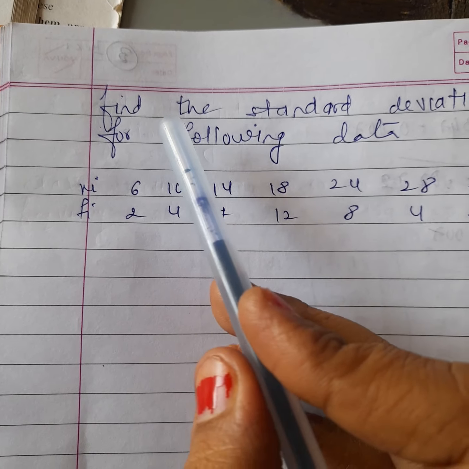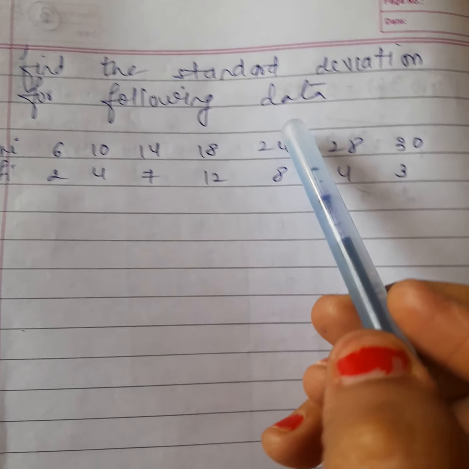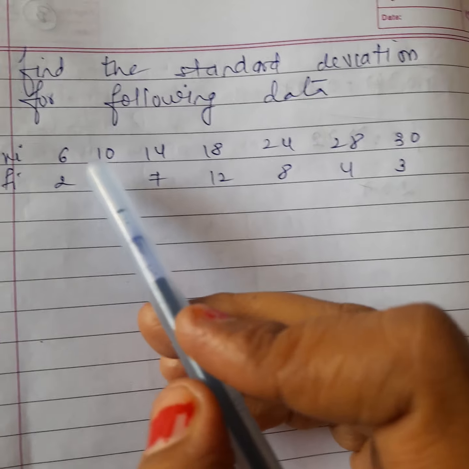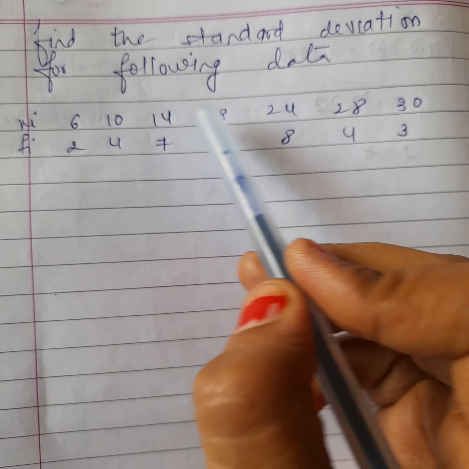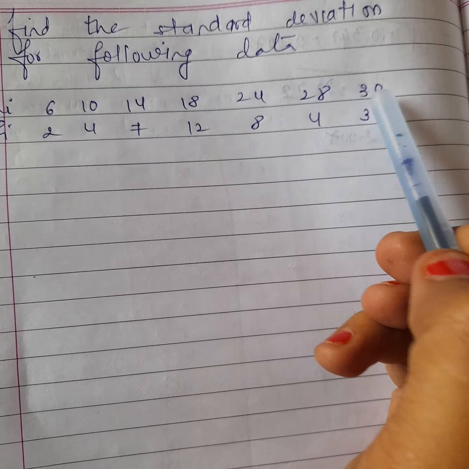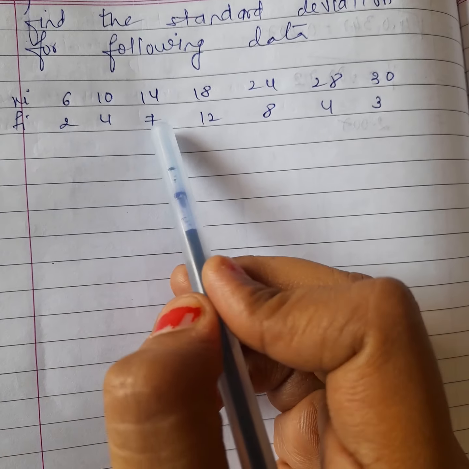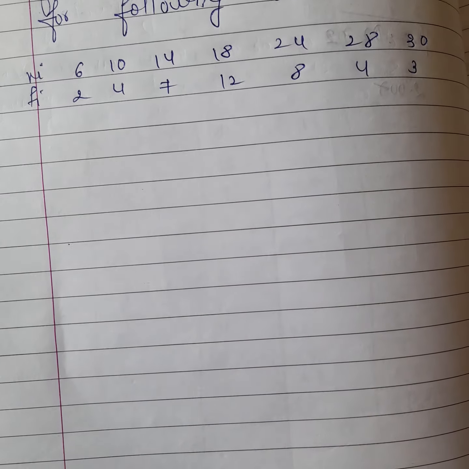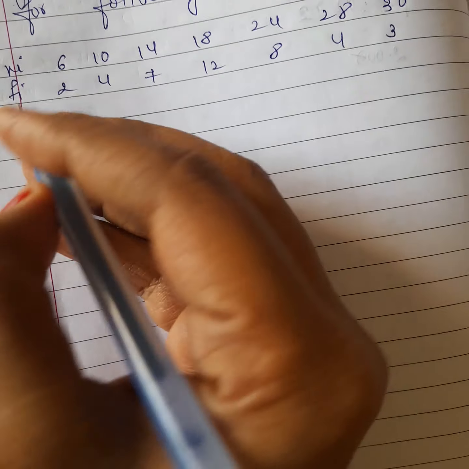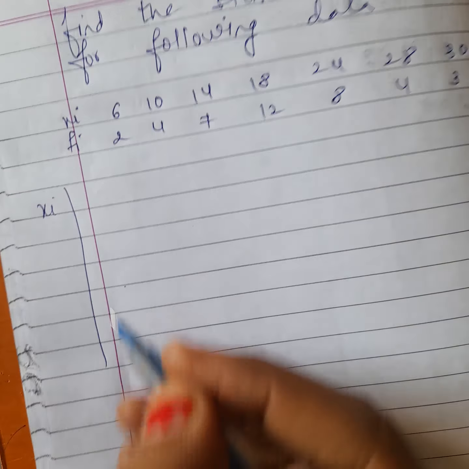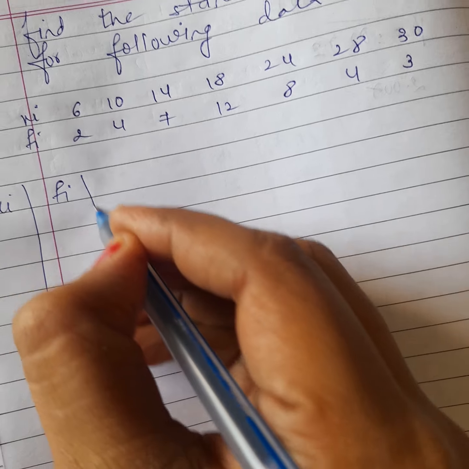Now the next question is to find the standard deviation of the following data. Xi is 6, 10, 14, 18, 24, 28 and 30. Fi is 2, 4, 7, 12, 8, 4, 3. Right? So first step is to make a column for Fi and Xi.